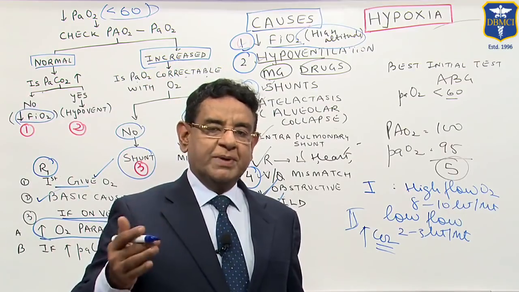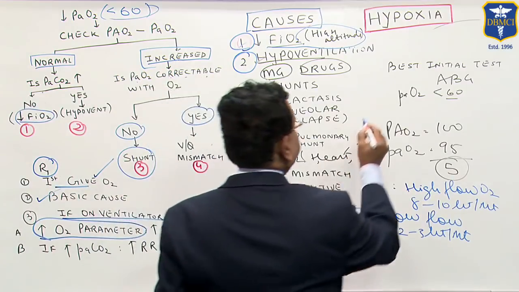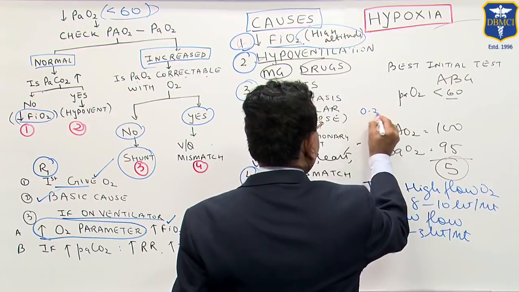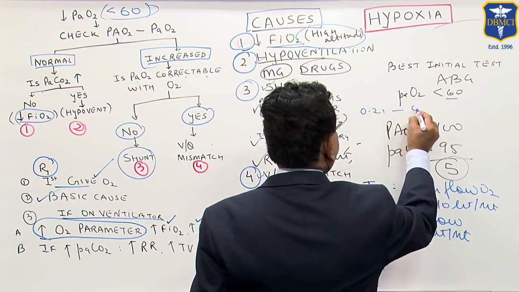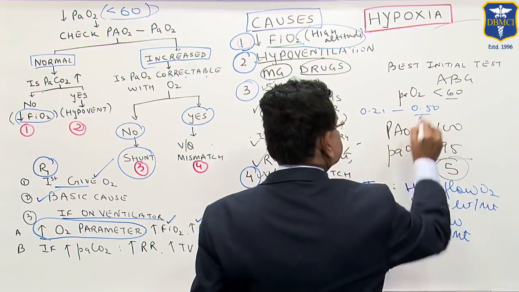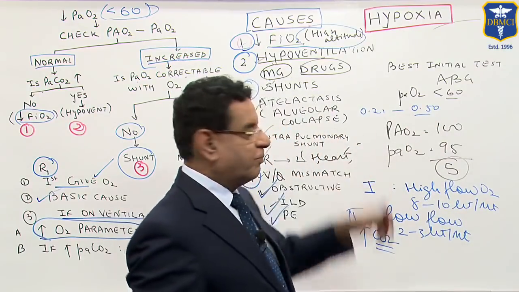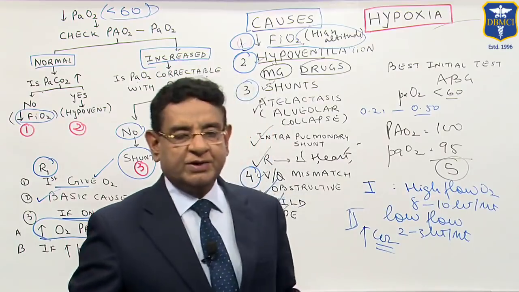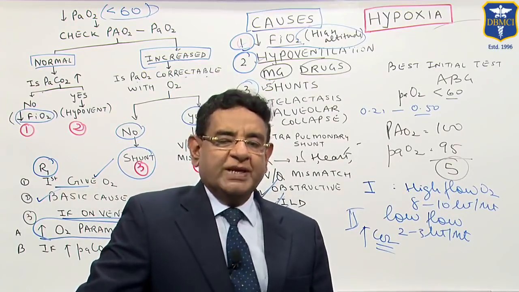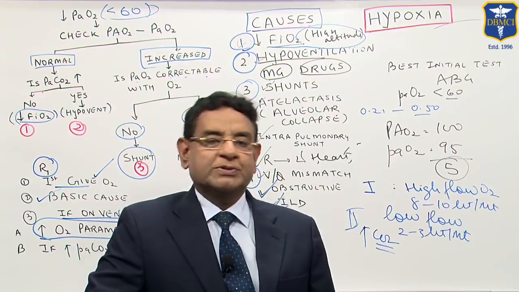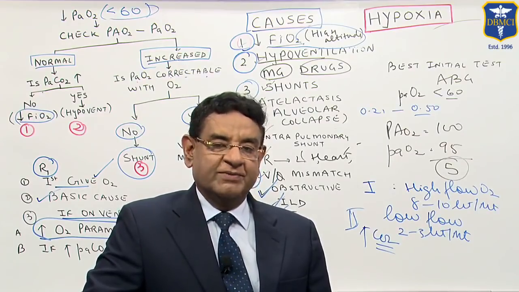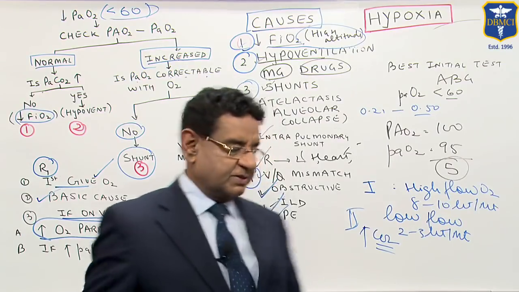As I told you, normal FiO2 is 0.21. You can go up to 0.50 maximum. Normally we don't go above 0.5, because if you go above 0.5, it itself leads to toxicity. So we can increase FiO2 so that more and more oxygen is delivered to the lungs.